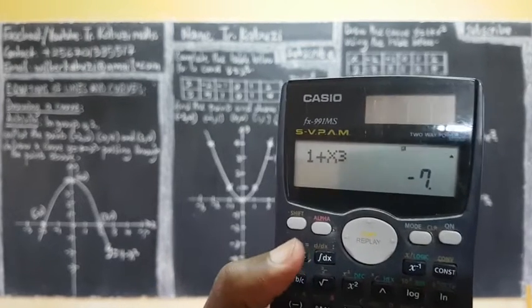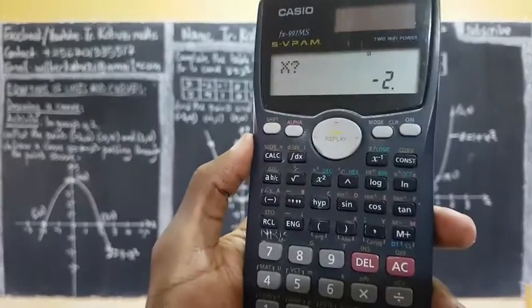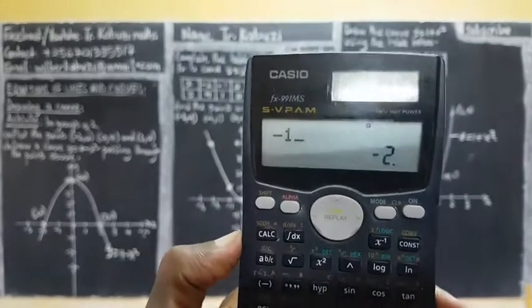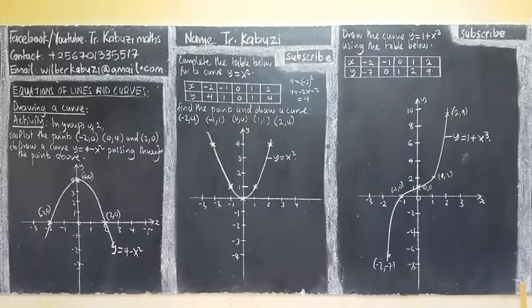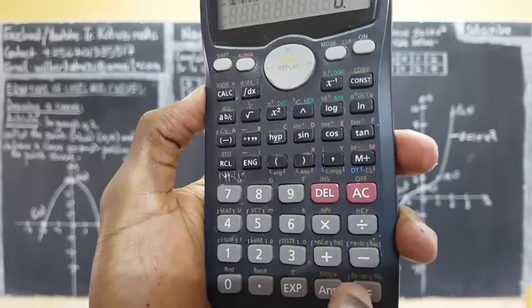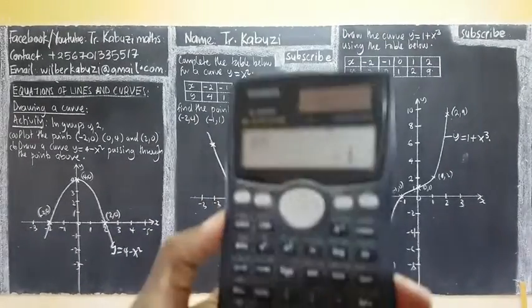Then you press calc again. They ask me which value. Then you press -1, then press equals. I think this -1 is giving us 0. So those are the values of y we are getting. They're asking which value now. The next x there is 0.